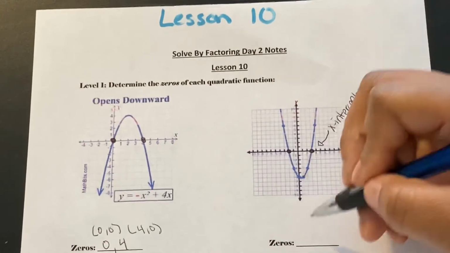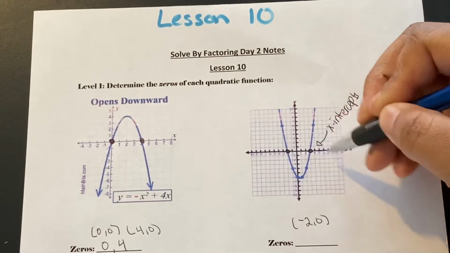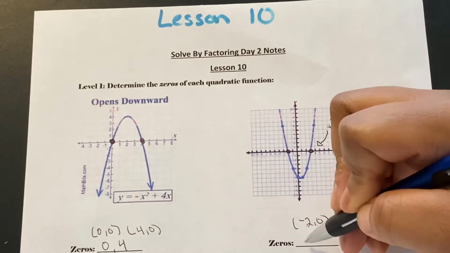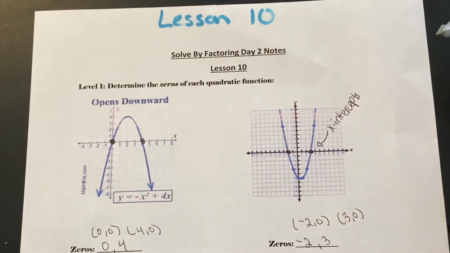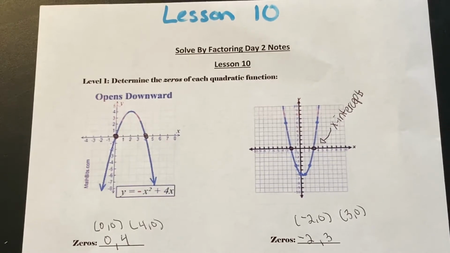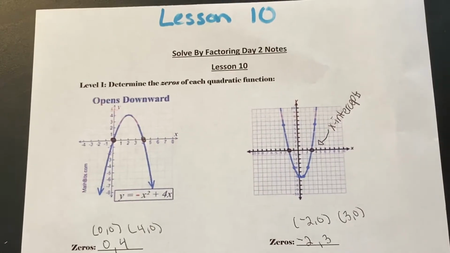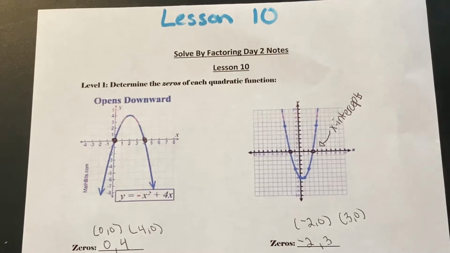So my x-intercepts here are the points (-2, 0) and (3, 0). So we can say the zeros are negative 2 and 3. That's level 1. Those are the easier ones. If you're given a graph, just look closely, figure out where the x-intercepts are, and write them out.